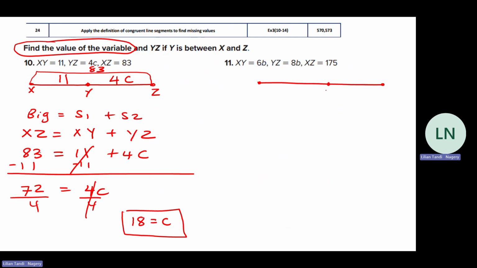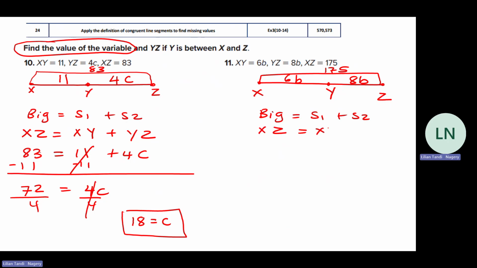We've been told y is between x and z. XY is 6b. YZ is 8b. XZ is 175. Big equals small 1 plus small 2. XZ equals XY plus YZ. XZ is 175. 6b plus 8b. That is 14b and 175.